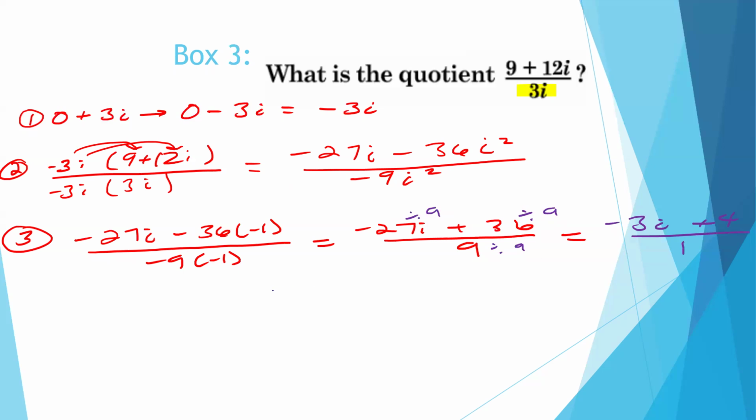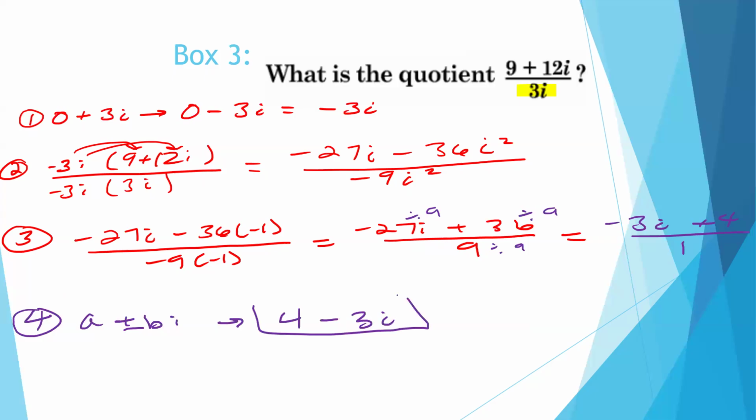Did we simplify? Perfect. Step 4 is to write it in complex form, which is your real plus or minus your imaginary. So in this case, our real is what? 4. And our imaginary is negative 3i.